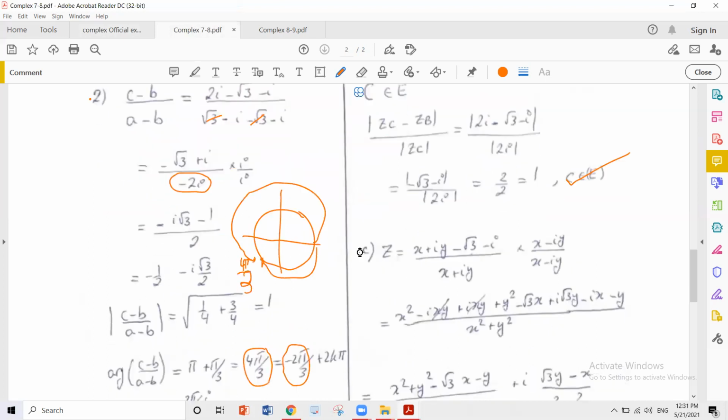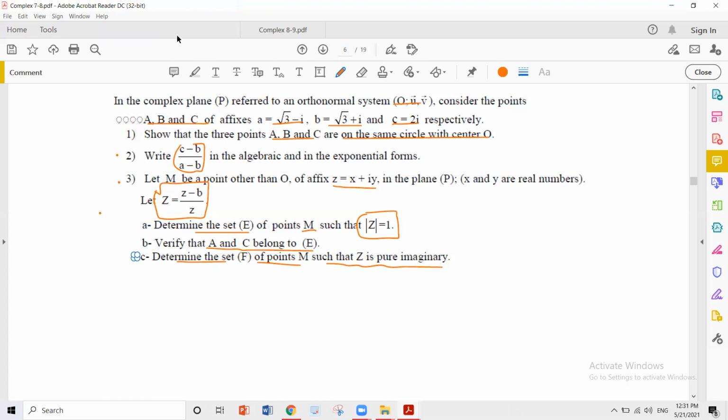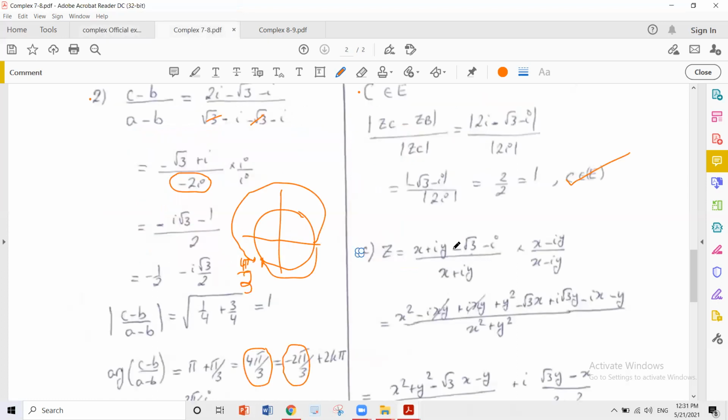Here capital Z is z minus b over z. So x plus iy minus radical 3 minus i over x plus iy, multiplying by the conjugate.